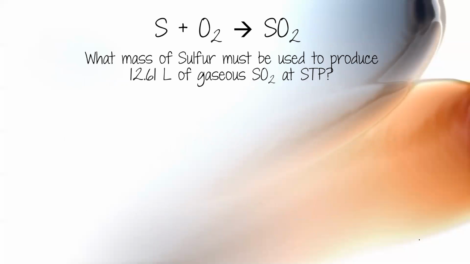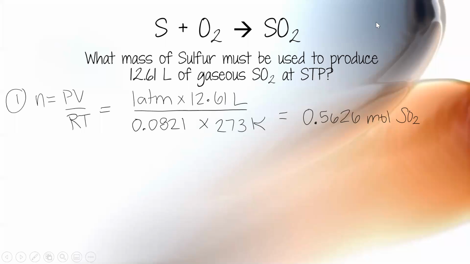Okay, try this one. It is already balanced again. What mass of sulfur, S, must be used to produce 12.61 liters of gaseous sulfur dioxide, given standard temperature and pressure? Try it out. All right, so it's already balanced. So step 1 is to find moles given pressure, volume, and temperature.